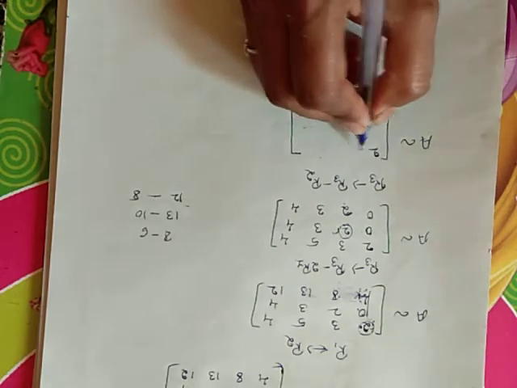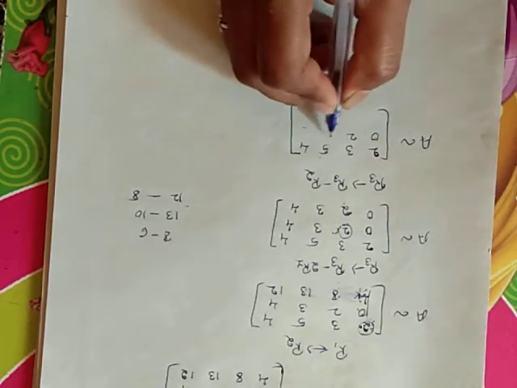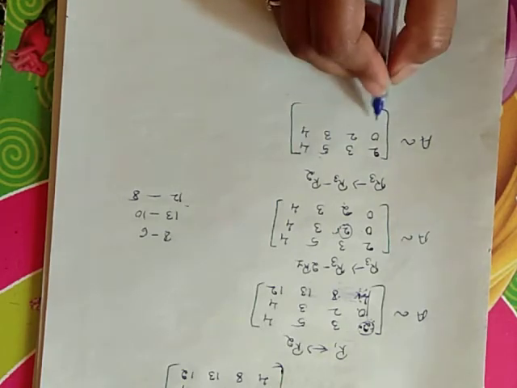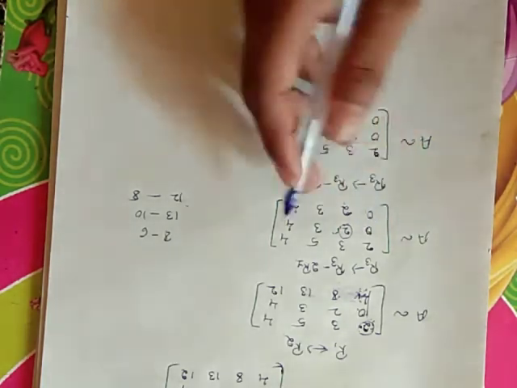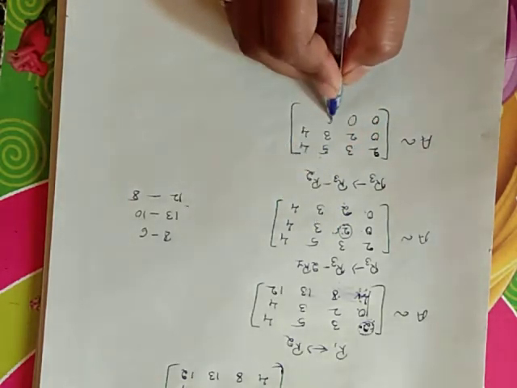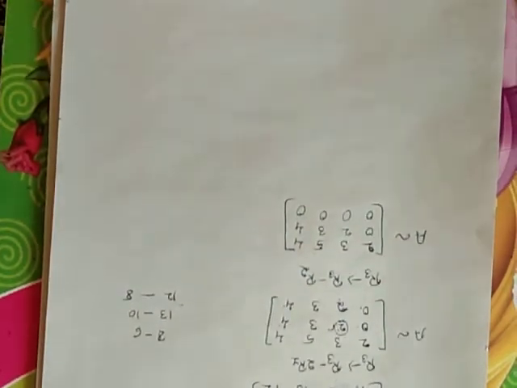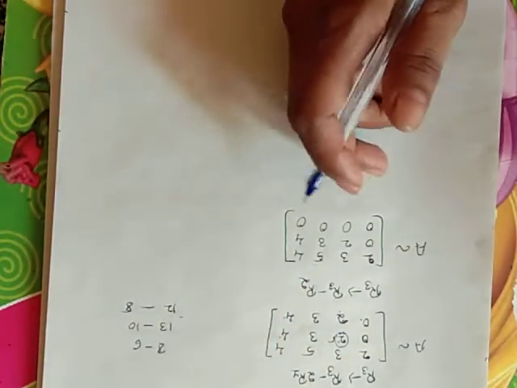keep the first row elements as they are and keep the second row elements as they are. Now 0 minus 0 is 0, 2 minus 2, 0, 3 minus 3, 0, 4 minus 4, 0. The next step is to convert all the leading terms to 1.